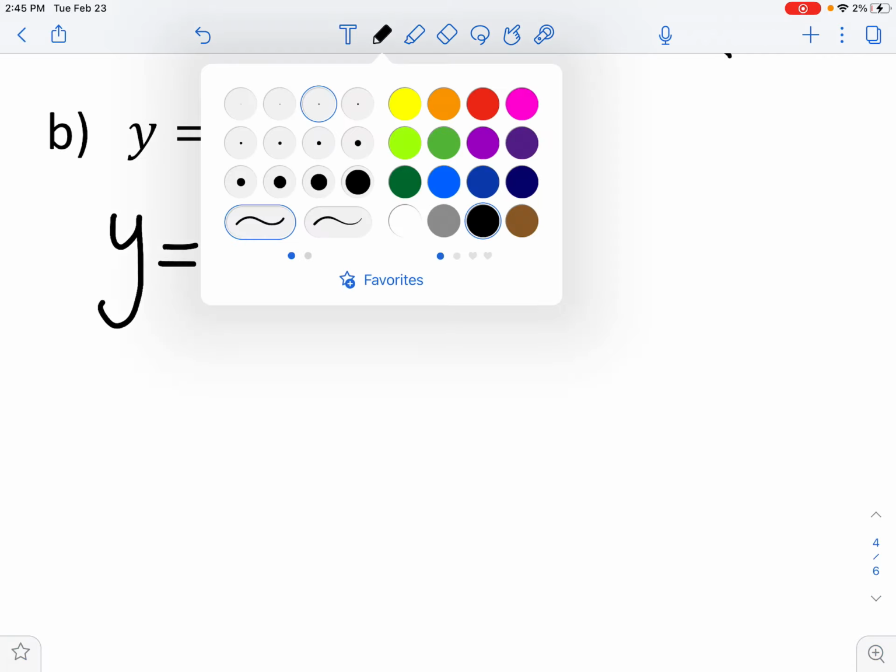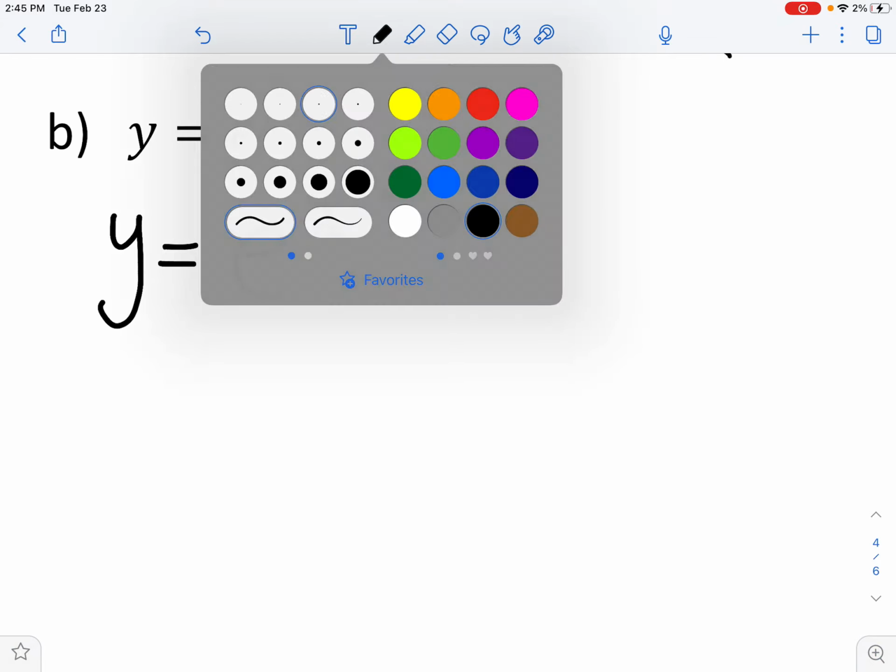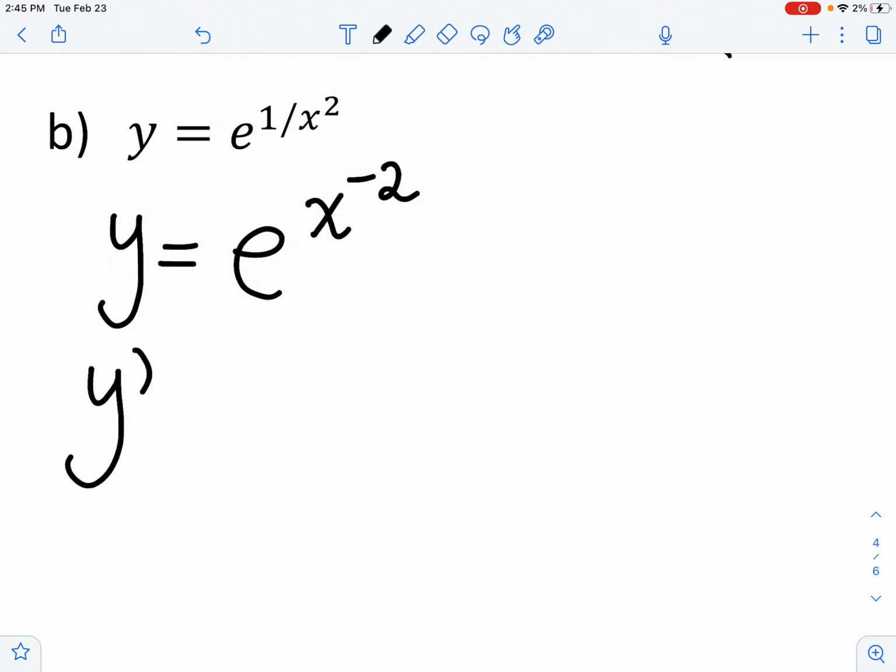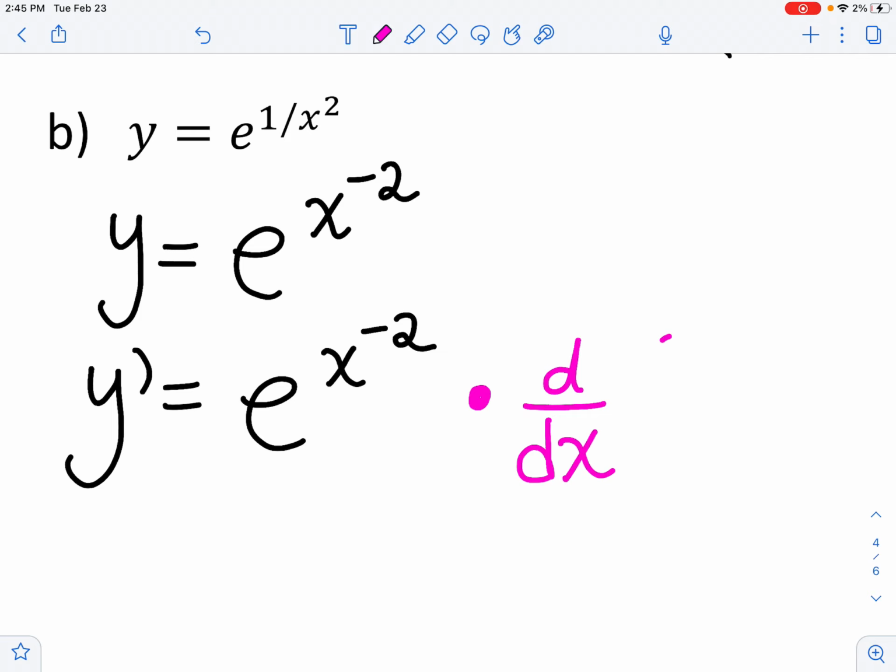All right, I'm going to first find the first derivative. So y prime equals, you bring that down exactly the same. Just bring it exactly the same. But now this is where we have to multiply by the derivative of the exponent, which is x to the negative second power.